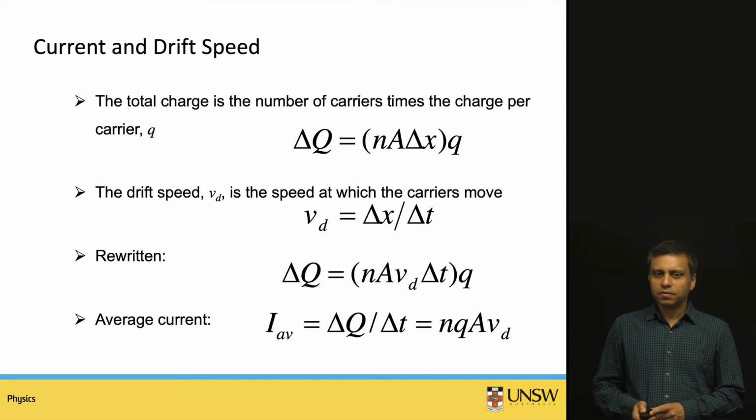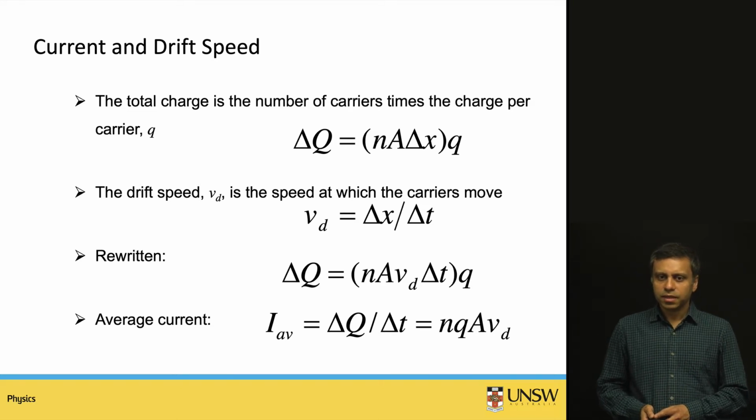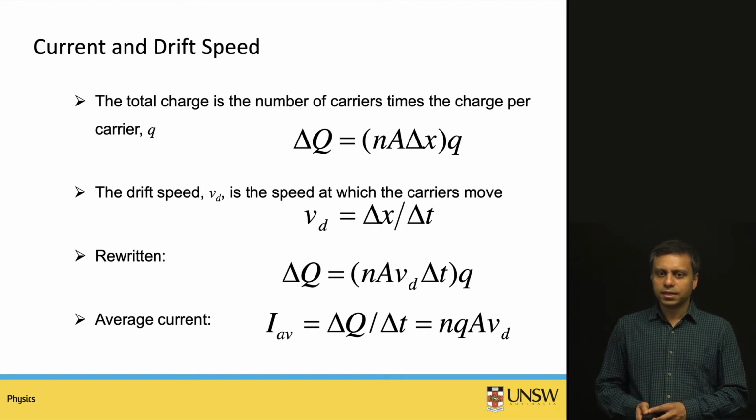And we know from the previous slide, the drift speed is the distance traveled over the time interval, delta x over delta t. So then we can write delta x in terms of the drift speed and delta t, and then we substitute this into the expression for delta q, and we obtain something like this.